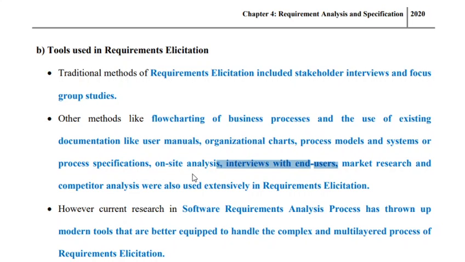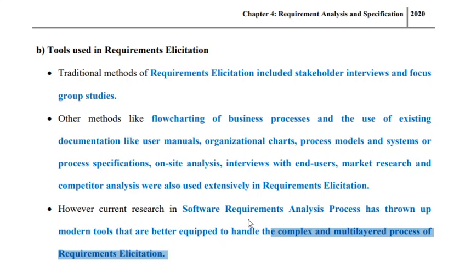These can potentially be used in order to elicit requirements. Where we have a complex and multi-layered requirement elicitation process, we use computational tools like use cases and prototyping for requirement elicitation.